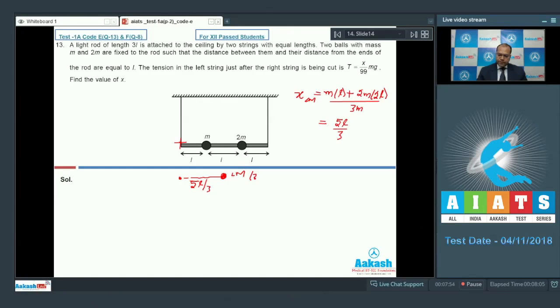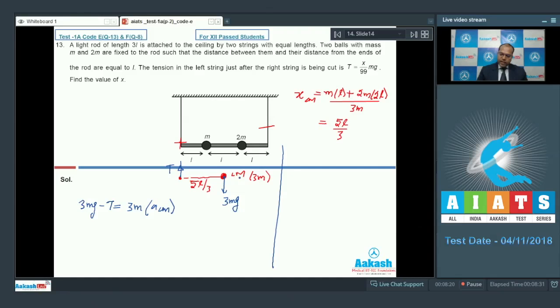At the moment when this string is cut, if I draw the free body diagram, 3mg is acting in this direction and T is acting in this direction. So 3mg minus T is equal to 3m into the acceleration of the center of mass. Now we have to calculate the acceleration of the center of mass.